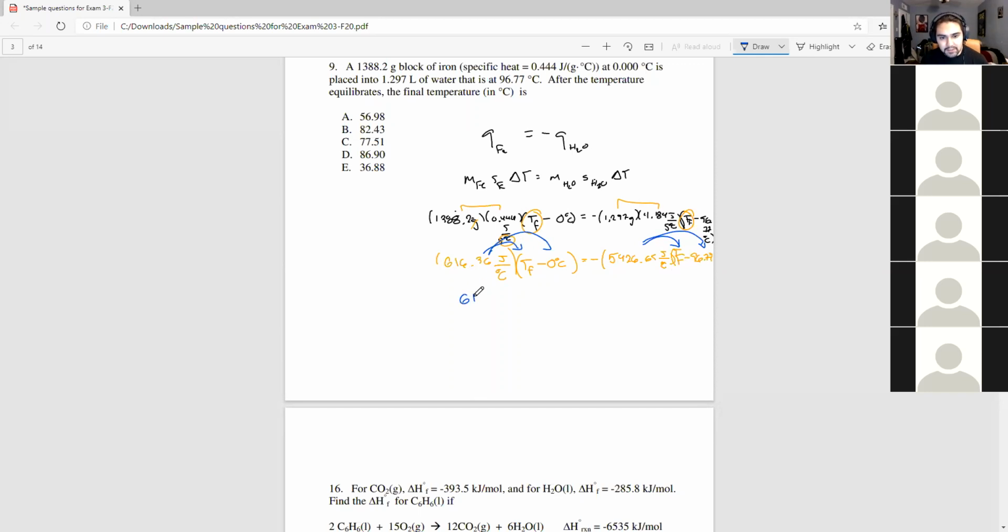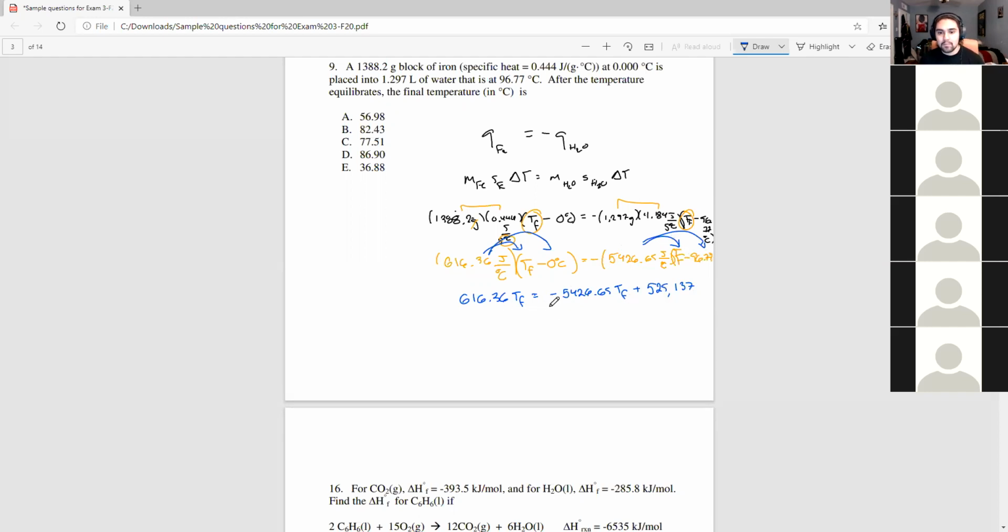So over here, I have 616.36 TF equals negative 5426.65 TF, and then this other big number, 525,137. Yeah, it's a pretty big number. Okay, and then after this, what do I do?